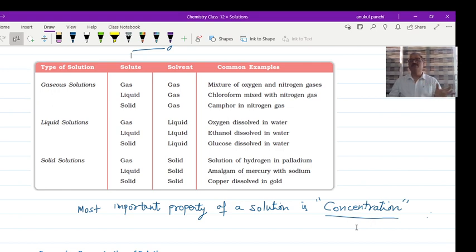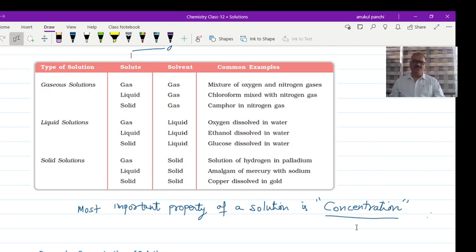If I want brine in my lab and I give you salt and water and you all are required to make brine solution, will everybody's brine solution have the same taste? No, because the amount of salt taken and the amount of water taken will be different for all the students. So their concentration will be different.